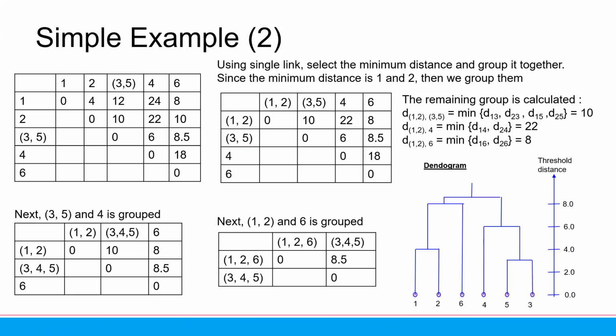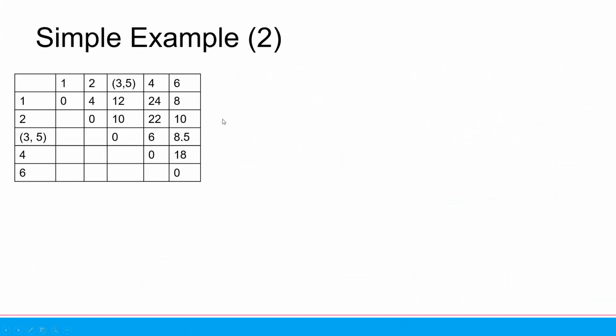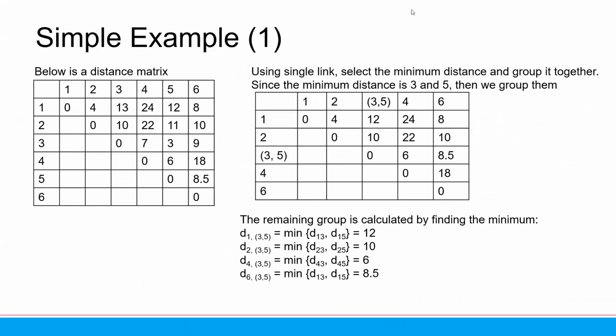So what does it mean by this dendrogram? If you look at the numbers, okay, we have the threshold distance. So if I have the first part, 3 and 5, what is the distance? 3 and 5, the distance is 3.